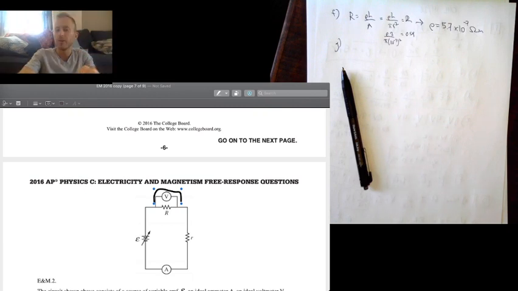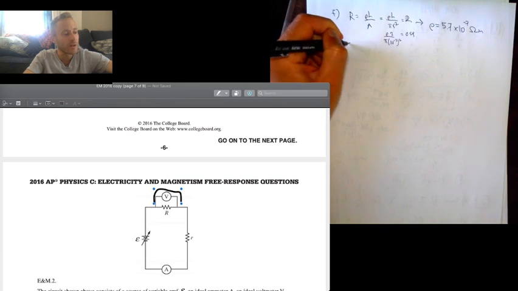Okay? So notice how if the ammeter is not ideal, it provides an extra pathway for the current to flow, which means it's going to reduce the resistance of the circuit, which means that the current in the circuit is going to go up.